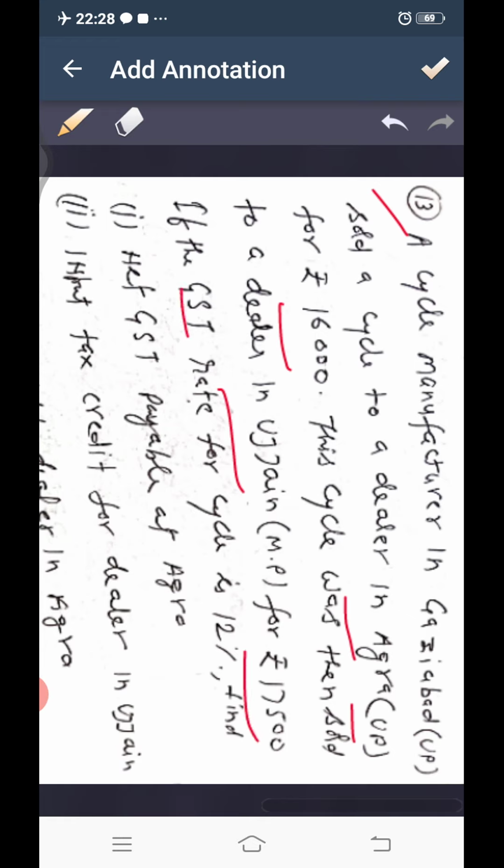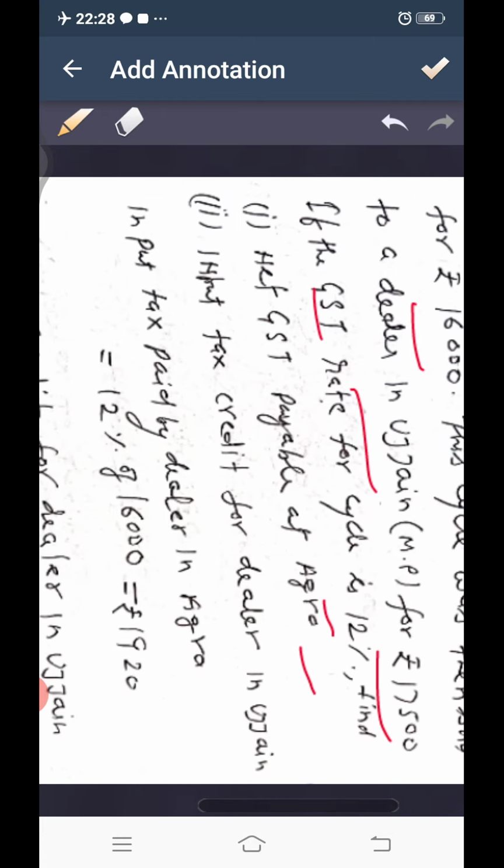If GST rate for cycle is 12%, find net GST payable at Agra and net tax credit, input tax credit for dealer in Ujjain.